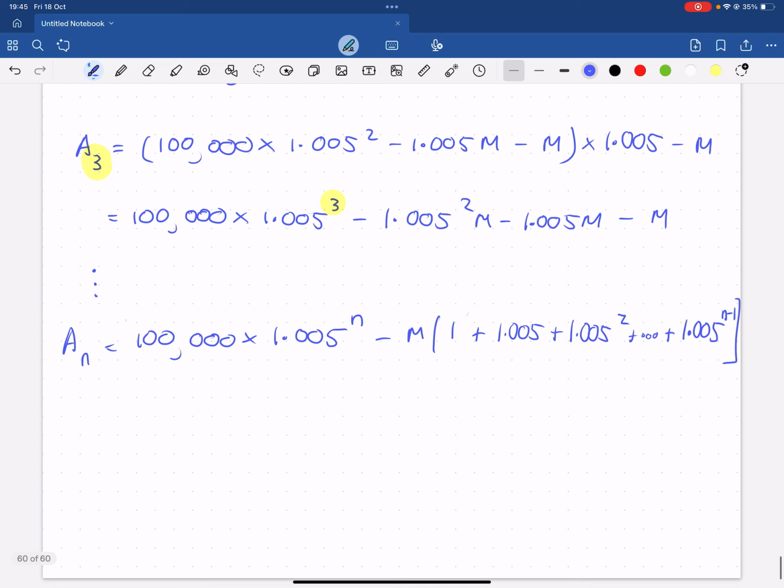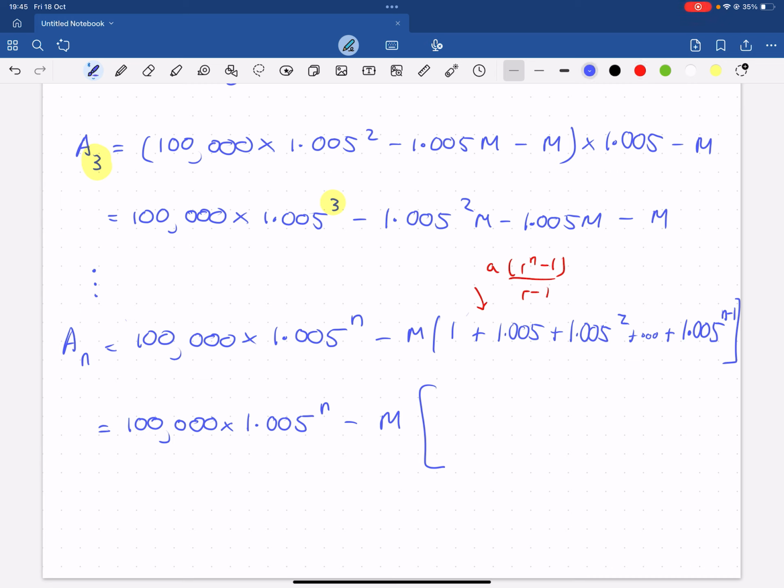Alright, we're really close because this here is a geometric sequence. So we can say this is 100,000 times by 1.005 to the n, minus M outside of the sum of a geometric sequence. The formula, if we want to write it here, is a times r to the n minus 1, over r minus 1.